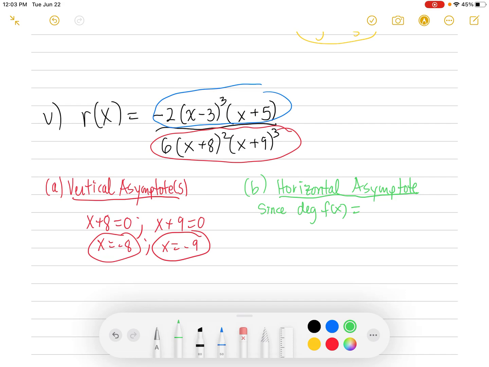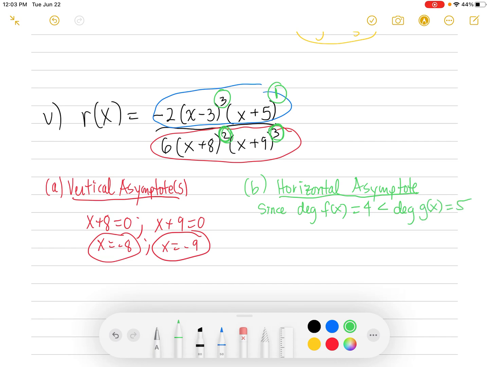Well, you take all the various powers above the linear factors and add them up. So here we have a power of 3. This x plus 5 has a power of 1, so we're going to do 3 plus 1 is 4. So the top has a degree of 4. And the degree of the bottom, if you take the power of 2 here on bottom and the power of 3 here on bottom, you get a degree of 5.